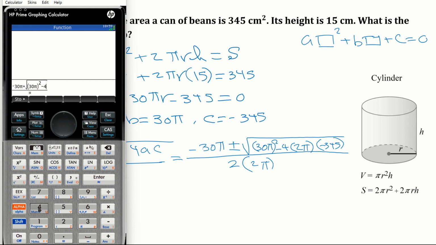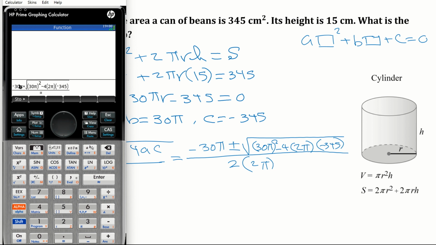Minus 4, I'm going to open parentheses, type in the 2 pi. I'm going to exit that parentheses once. Make sure you don't hit it twice. If you do, now you're outside of the radical, okay? No problem, just hit it back once and go back in, okay? So we'll hit the parentheses again and we'll type negative 345.